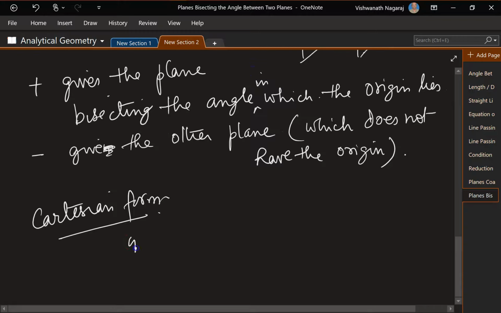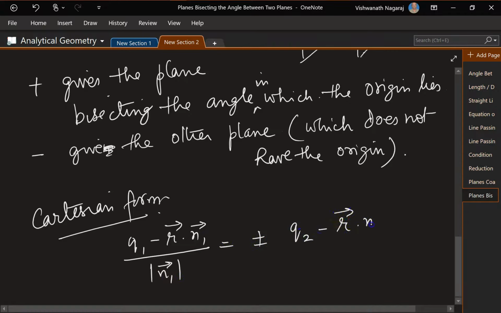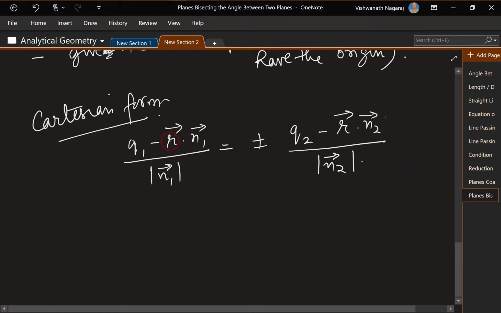Now writing the same thing in Cartesian form is quite easy. Remember, we have q1 minus r.n1 by magnitude of n1 equal to plus or minus q2 minus r.n2 by magnitude of n2 vector. This is nothing but the equation of a plane.